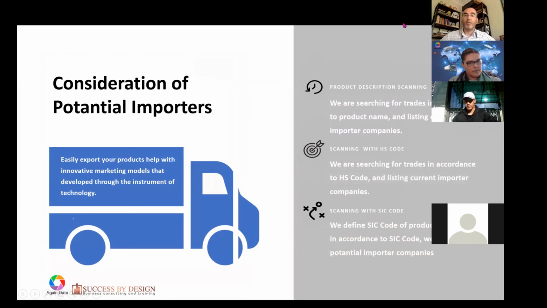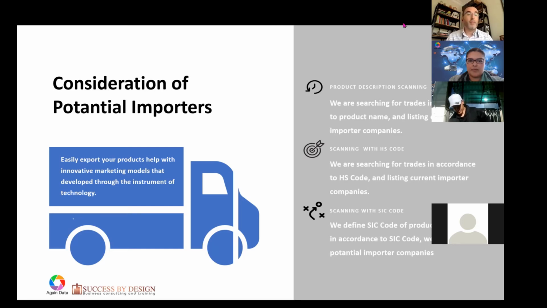As Terrell told, especially in 43 countries, we have current real trade databases, and for the other countries, we are using some other methods to consider potential importers. For any sectors you can imagine, we can make this analysis and we can find potential importers.